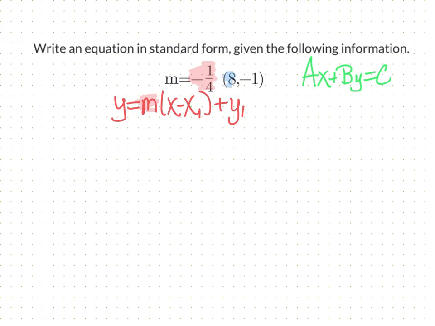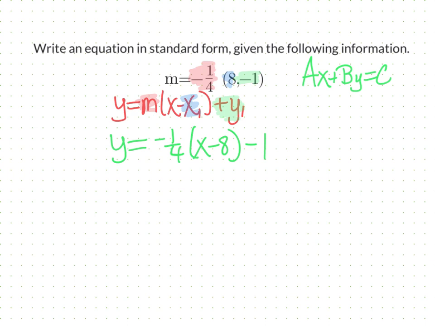My x value is going to go where the x1 is, and my y value is going to go where my y is. Okay, so let's plug in all the information. Okay, so it's just a substitution.